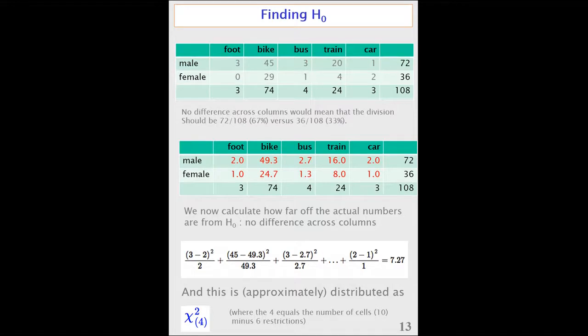What is going to help us here is that this thing over there, that sum of square differences, we know is approximately chi-squared distributed with 4 degrees of freedom. That is not something I want to go into in detail, exactly how.